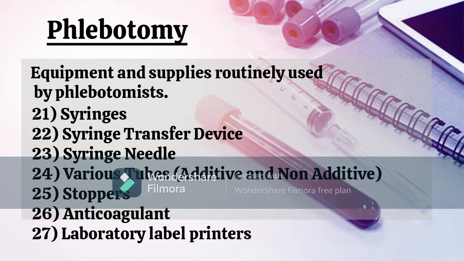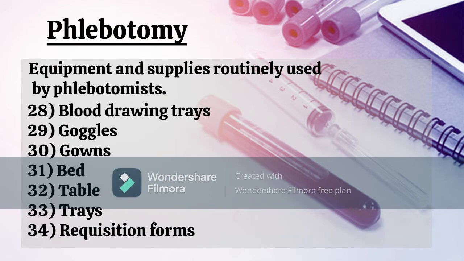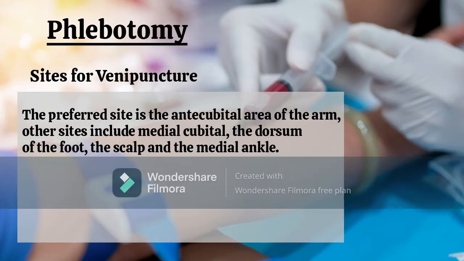Various tubes, additive and non-additive. 25. Stoppers. 26. Anticoagulant. 27. Laboratory label printers. 28. Blood drawing trays. 29. Goggles. 30. Gowns. 31. Bed. 32. Table. 33. Trays. 34. Requisition forms.